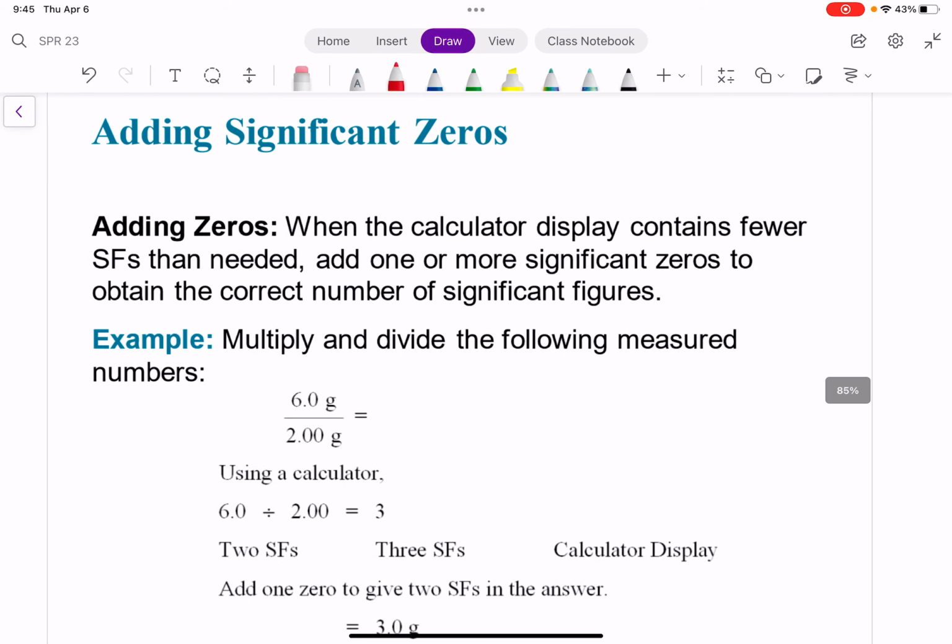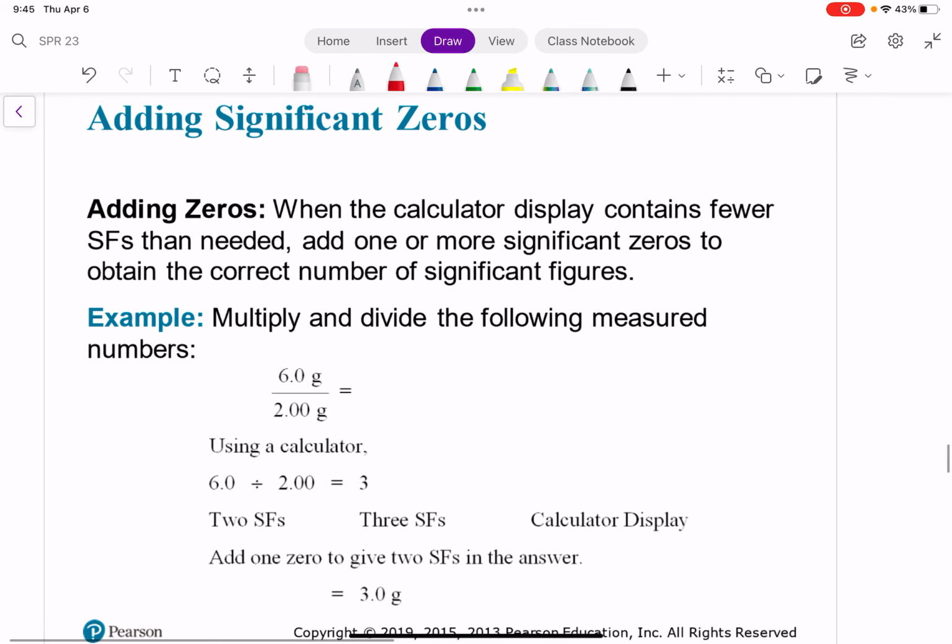So adding significant zeros. This is just kind of like a side note. So when you're using your calculator to do these, your display might contain fewer sig figs than you need. And that's just because your calculator display doesn't always show these zeros, right? Sometimes your calculator is actually just going to make this 6.0 and maybe 2.0, right?